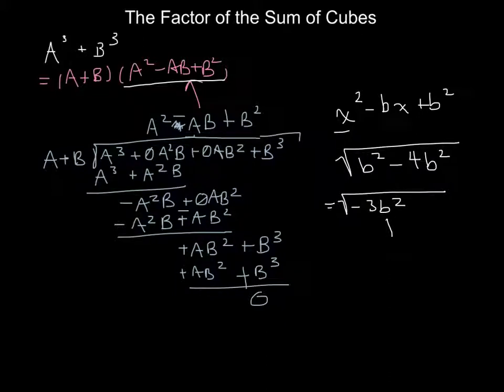And since b squared is positive regardless of what number b is, this whole thing in here is negative. So this is undefined, which means that our factor up there is not any further factorable, so we are finished with a plus b times a squared minus ab plus b squared.